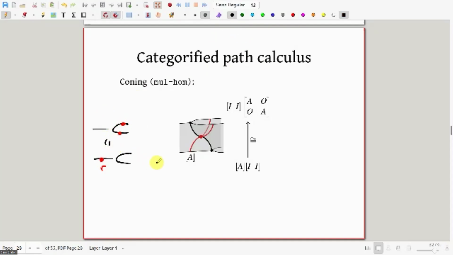So in the categorified path calculus, again, this becomes a two-cell. And to actually figure out what this thing here is, you use all the funky bimonoidal isomorphisms and so on to actually work this out. So that's where you get that isomorphism from. But that's the picture of it, and it's an isomorphism.